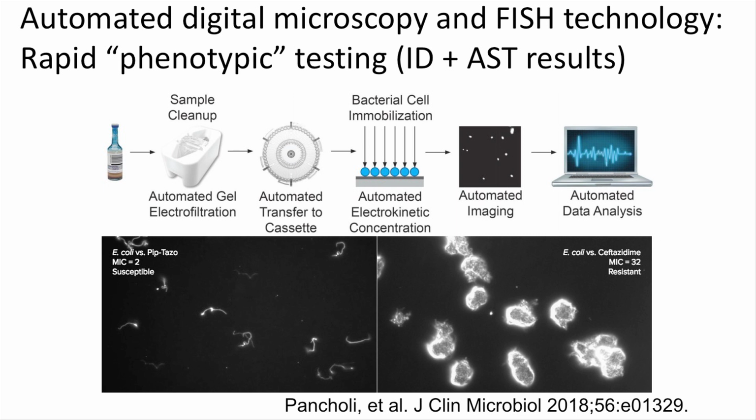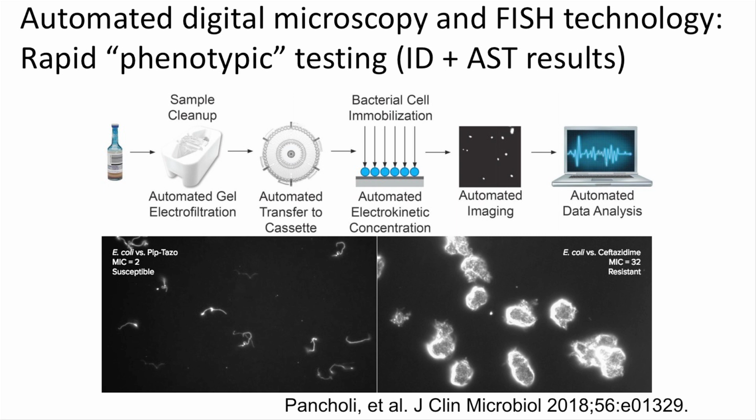So what you do is you take a positive blood culture. After initial processing, the bacterial cells are immobilized on a membrane. Then you do your FISH, your in situ hybridization, and that tells you what the species is that you're dealing with, or it tells you if it's a mixed culture because you'll see different color probes.